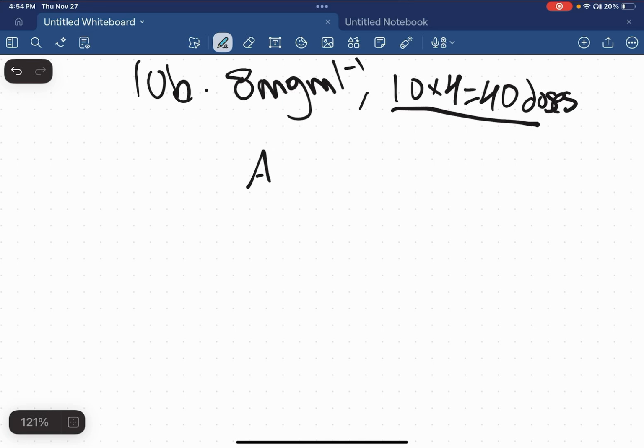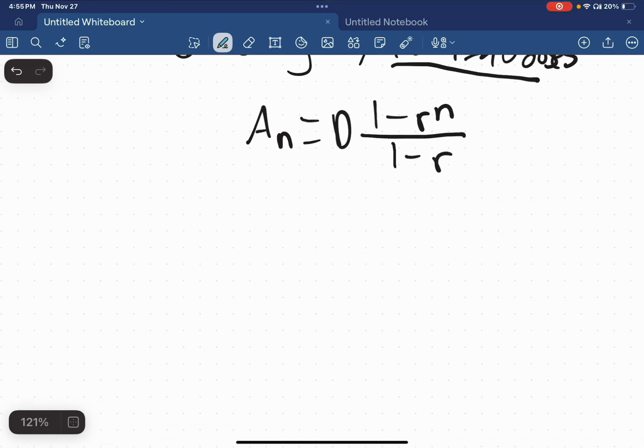The amount of drug left in his bloodstream is going to be equal to D, which is the original amount of drug put in him, times (1 minus R to the N) divided by (1 minus R). All right. We know that in this case, N is going to be equal to 40 because that's going to be 40 doses. So we know that the summation over 40 doses has to be less than or equal to 8 for it to be a safe level.